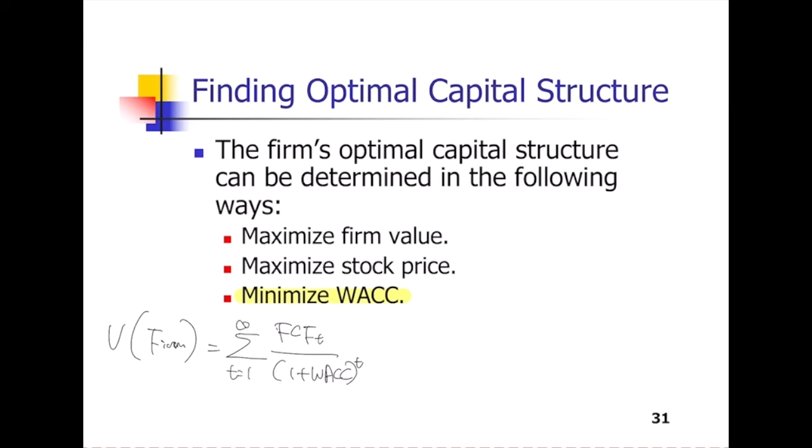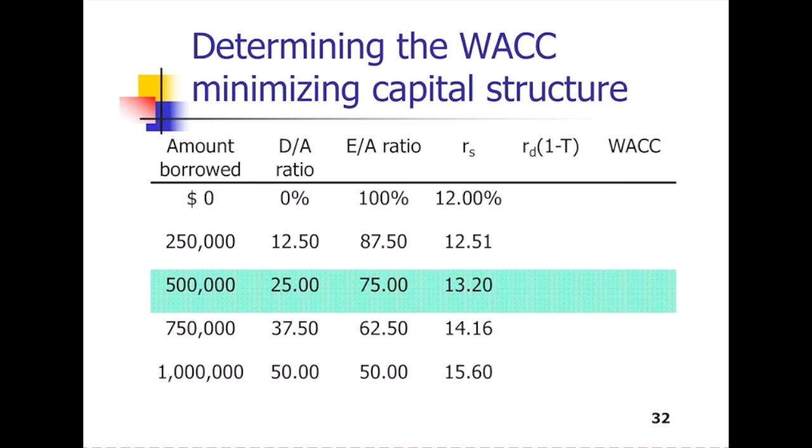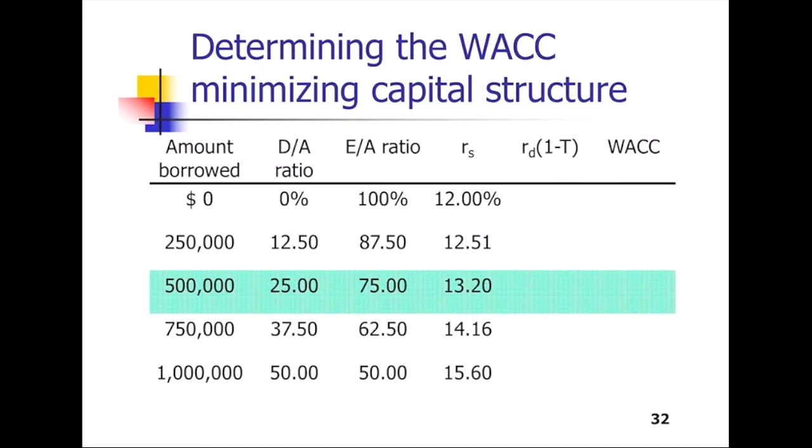So when you minimize this WACC, this part goes down, and the firm value can be increased. So now we are going to find where the WACC is minimized.